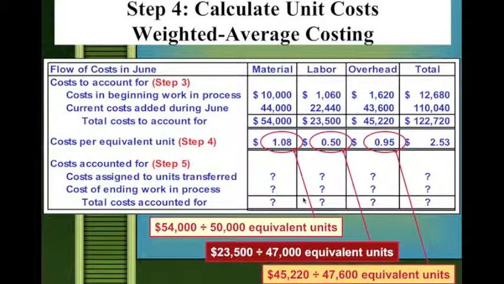All right. Now we have for labor 23,500 that was given, divided by 47,000 equivalent units. How do we get 47,000 equivalent units? Well, 44,000 was transferred out. That was 100% complete. And then we had 6,000 where labor was half done.